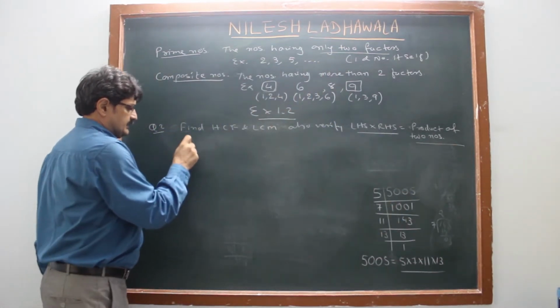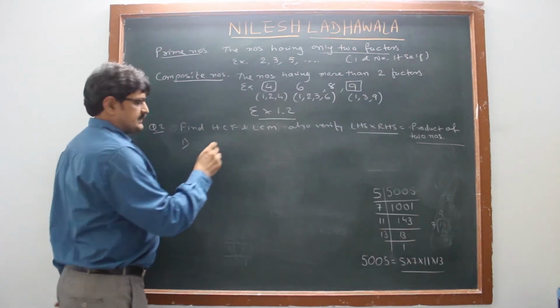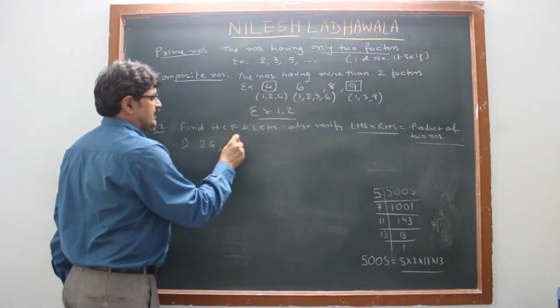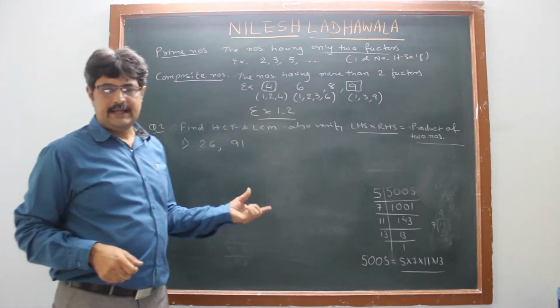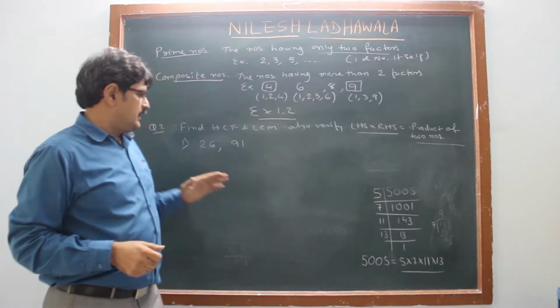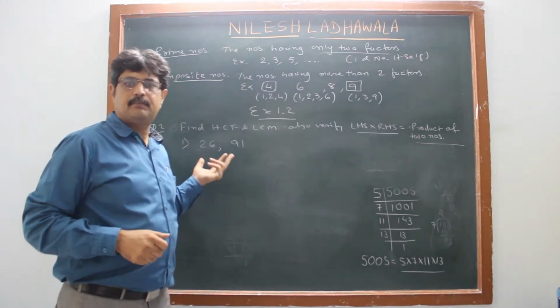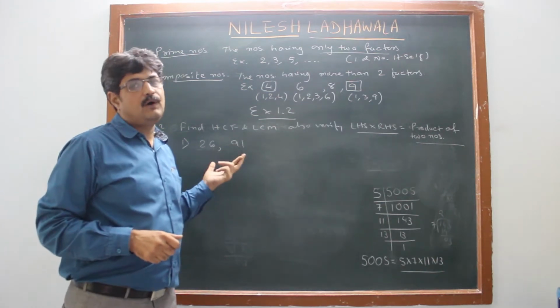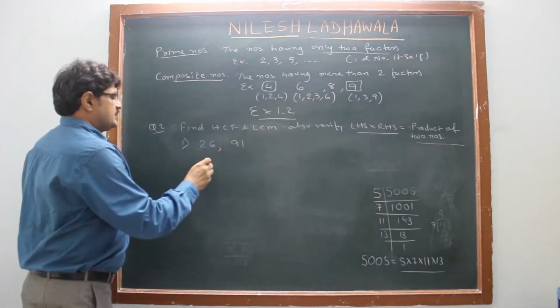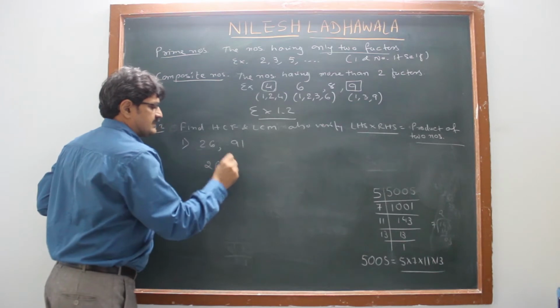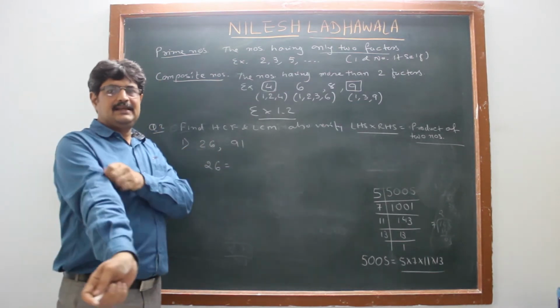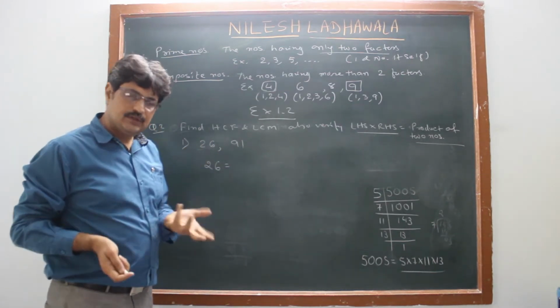So the first sum is 26 and 91. First of all, as I have taught you earlier, we have to find the prime factorization of both the numbers. First, 26. As we know, 26 is 13 multiplied by 2.